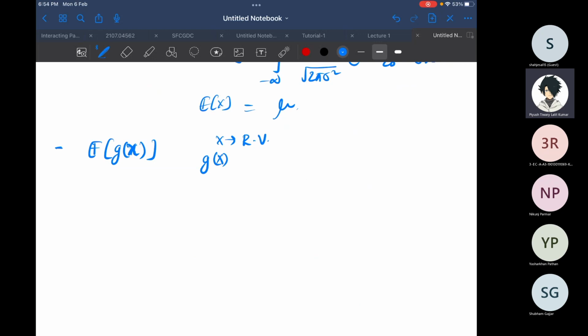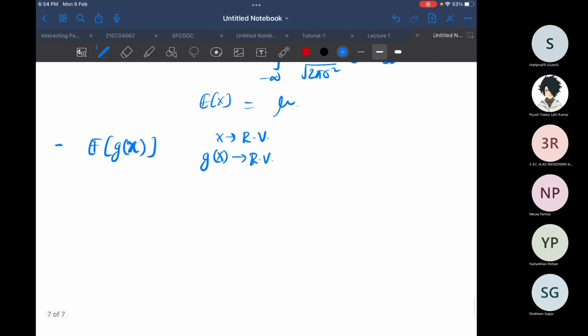Take my word for it, g of x is also a random variable. If x is a random variable, any continuous function of it is also a random variable. And he says that now I want the expectation of this new random variable that I have created. So what would that be? Expectation of g of x, what would that be?